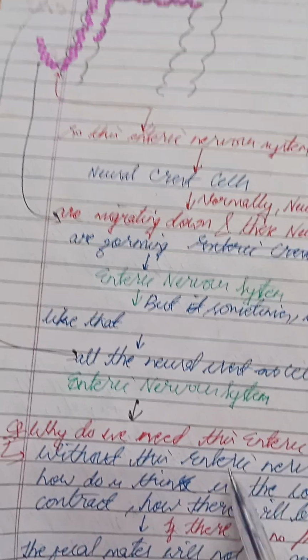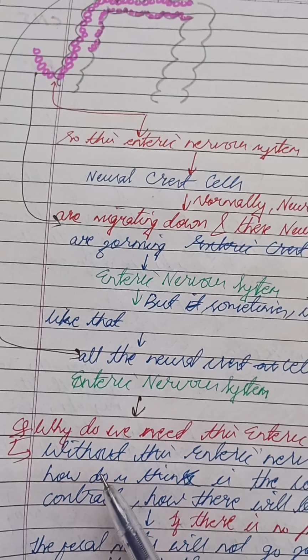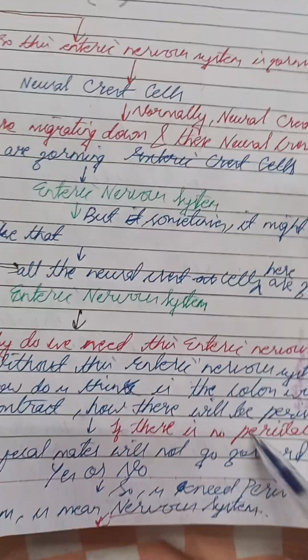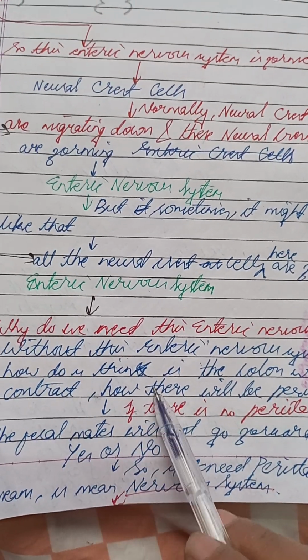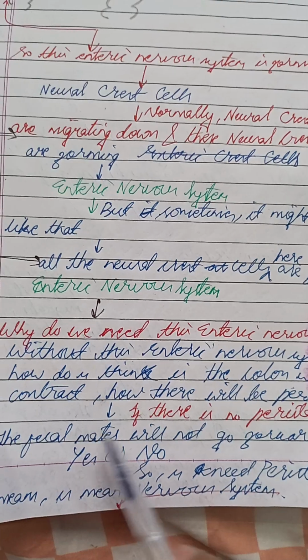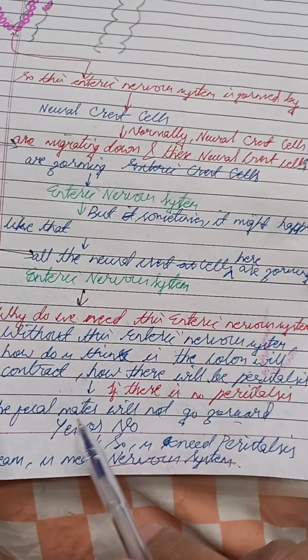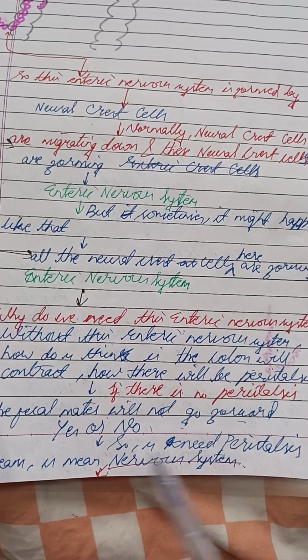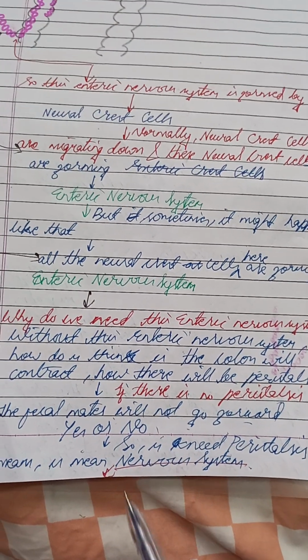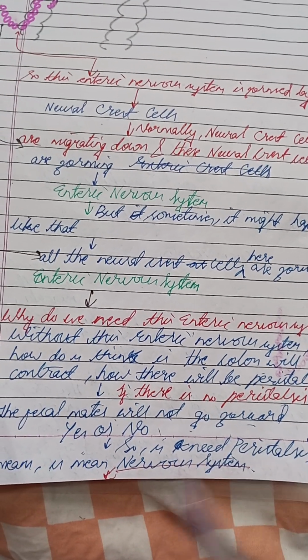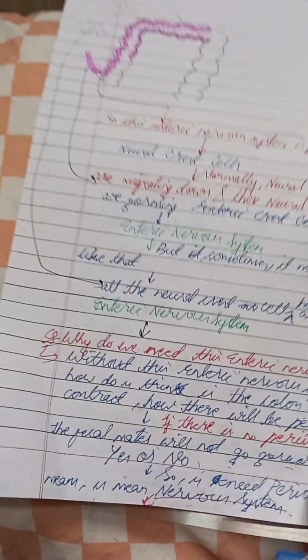So why do we need the enteric nervous system? Without this enteric nervous system, how do you think the colon will contract? How will there be peristalsis? If there is no peristalsis, the fecal matter will not go forward, yes or no? So if you need peristalsis, you need a nervous system.